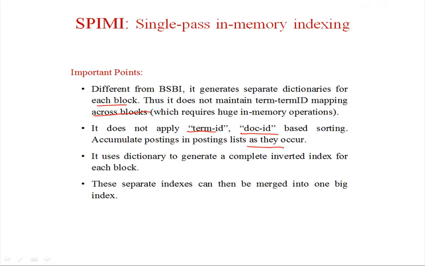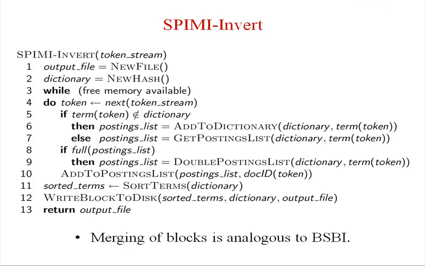It uses the dictionary to generate the complete inverted index for each block. These separate indexes can be merged into one big index. Now we will go through the pseudocode and explain the entire algorithm.